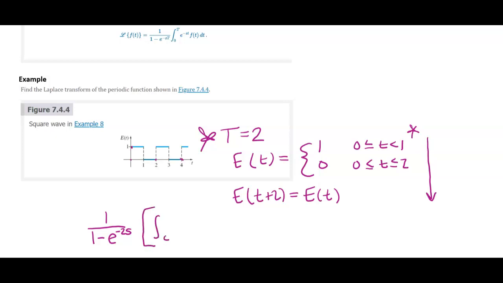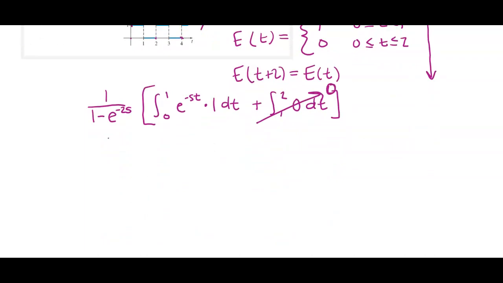So I'm going to have the integral from 0 to 1 of e to the negative st times 1, and then the integral from 1 to 2 of 0. My original integral would be from 0 to 2, but I can go ahead and split that up, and then this second part is just going to be 0. There's no area there.